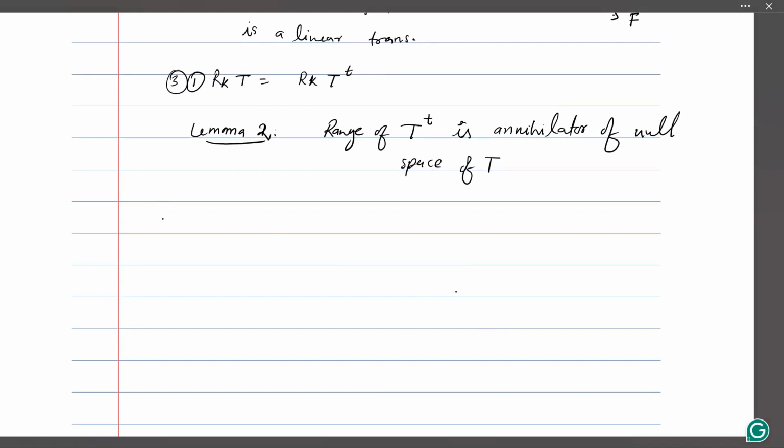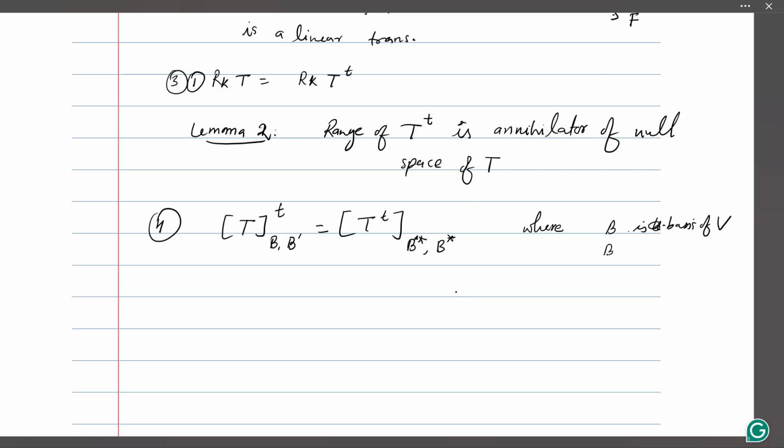What is the relation between the matrix representation of T and T transpose? I'm writing a fourth result, which was like this: the matrix of T with respect to B, B prime is the same as, okay, here I'm writing transpose, T transpose with respect to B prime star, B star, where B is a basis of V, B prime is a basis of W. So obviously B prime star will be the dual basis, a basis of W star, and B star is also similarly given.